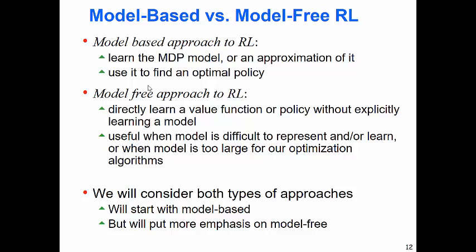Because they're sort of model-based versus model-free. You're talking about what the algorithm is doing, right? Model-based, intuitively, we're saying the algorithm is learning a model of the environment and using that to plan somehow, maybe doing value iteration. Model-free, we're saying it's not learning a model and it's doing something else.